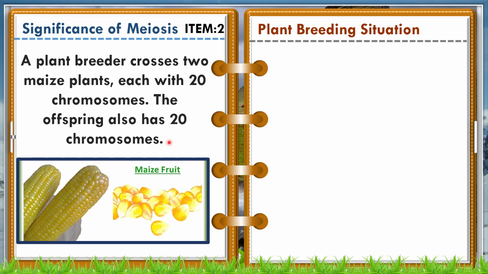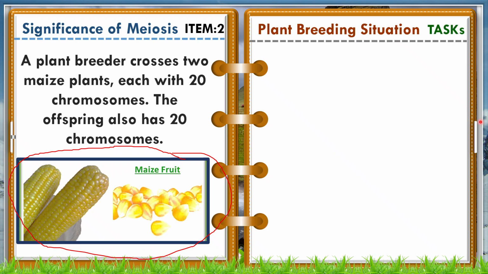So here, the breeder is breeding two maize plants, and each maize plant has got 20 chromosomes, and this one 20 chromosomes. And then the offspring that result also have 20 chromosomes.